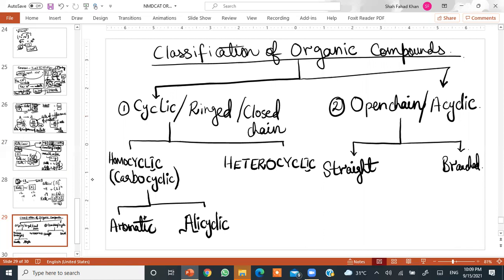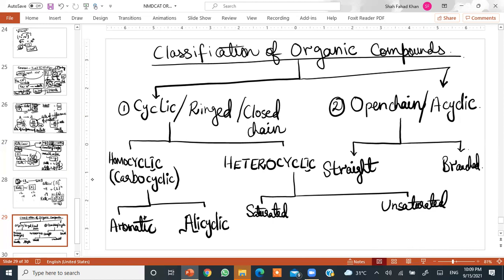Okay. Heterocyclic compounds, on the other hand, could be of two types. They may be saturated compounds or unsaturated compounds. Okay, what do we mean by saturated? Saturated means carbon-carbon single bonds are there only, no double bonds are there. Whereas unsaturated means they have both single bonds as well as double bonds.